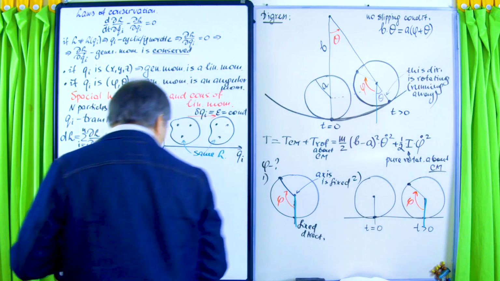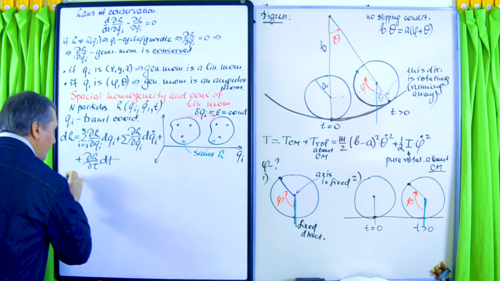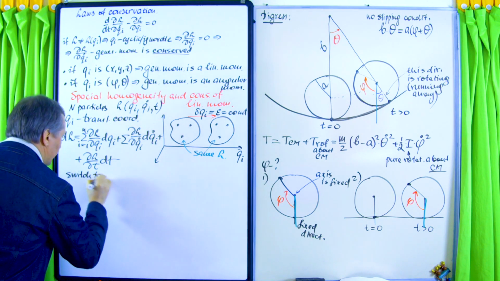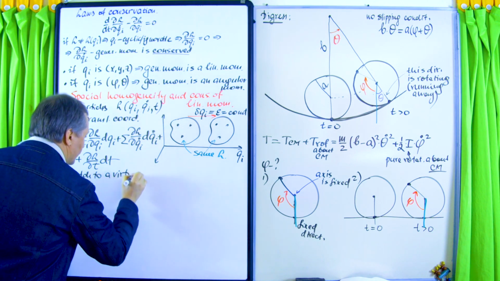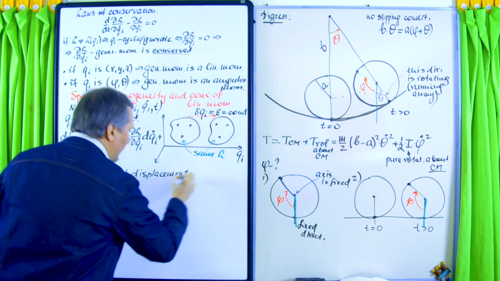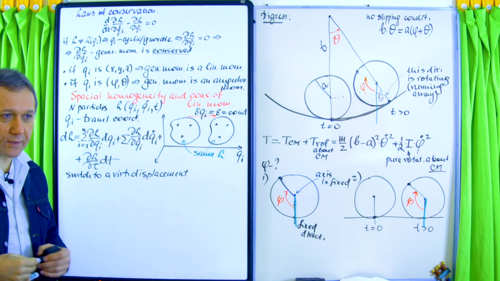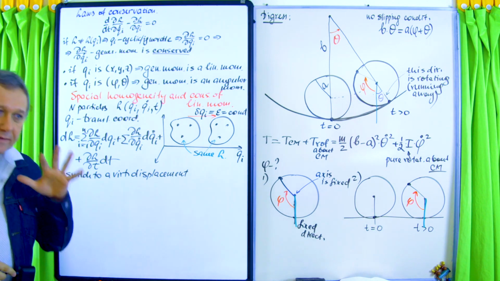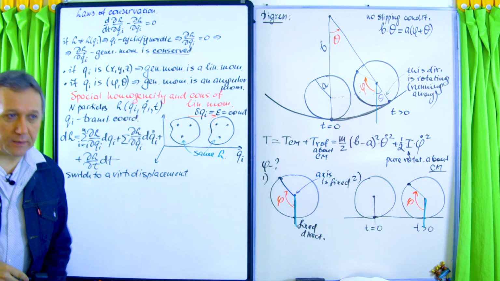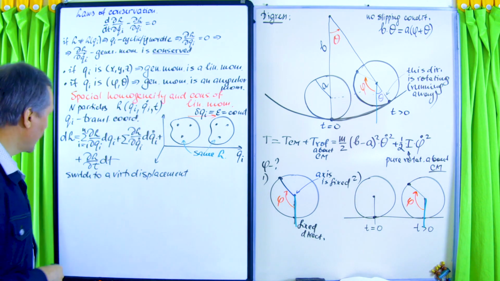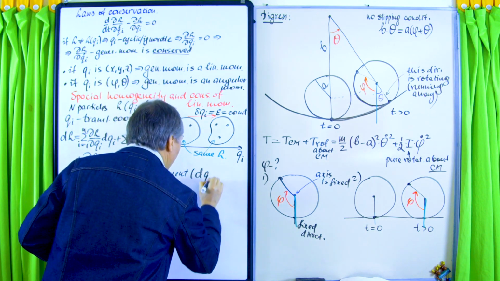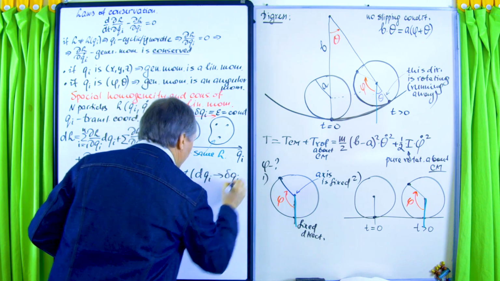Okay, and as I said, now switch to a virtual displacement. And again, it's very important because we want to freeze the system so that the conditions will be exactly the same. Conditions here, conditions there, and that's what virtual displacement gives us. Okay, so in the virtual displacement, of course, dqi will be switched to delta qi.